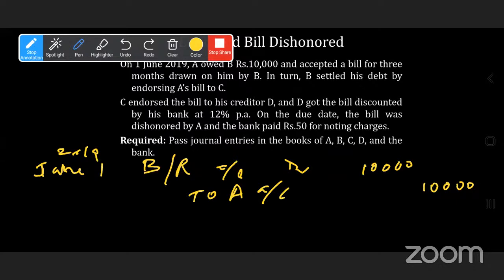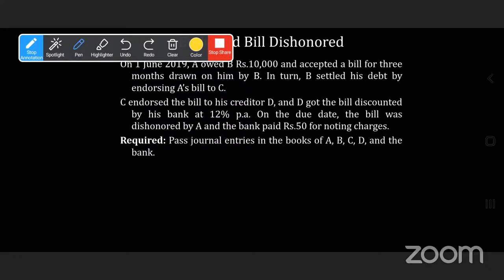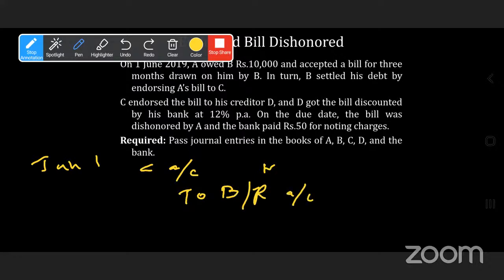So June 1st, C account debit to bills receivable account, as he endorsed the bill to C to settle his debt. Narration: being bill endorsed to C.